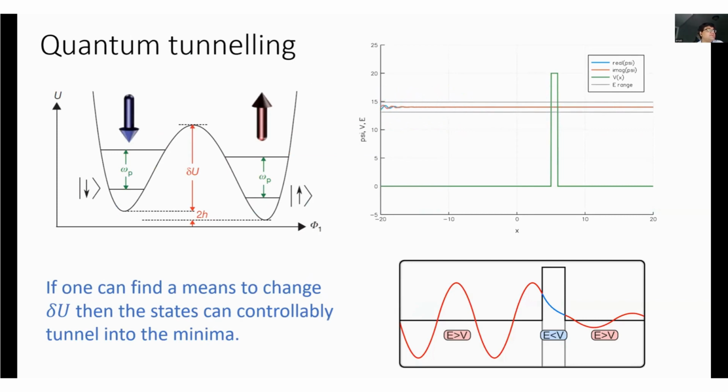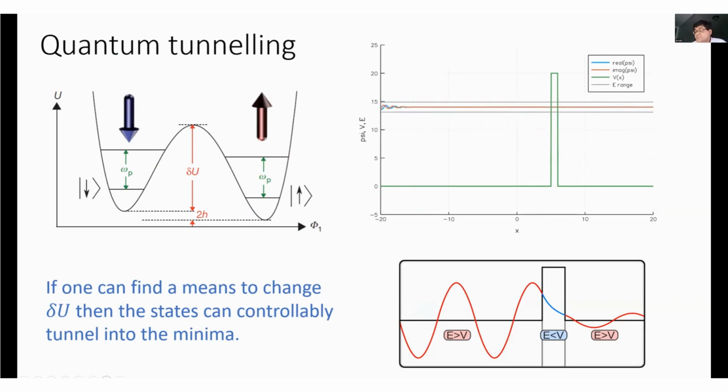So what exactly is quantum tunneling? As you know, if your energy eigenstates are in one of these valleys and you have a potential barrier, then depending on the height and the width of the potential barrier, you will always have a finite transition probability of moving from one side of the potential barrier to the other.